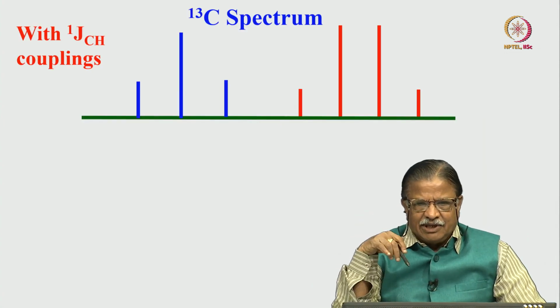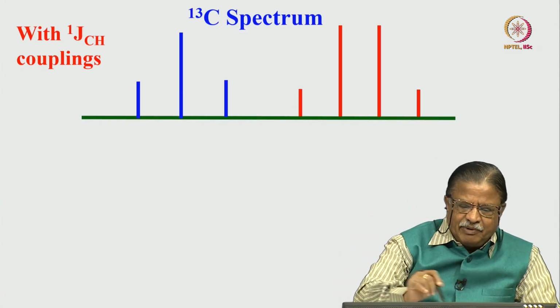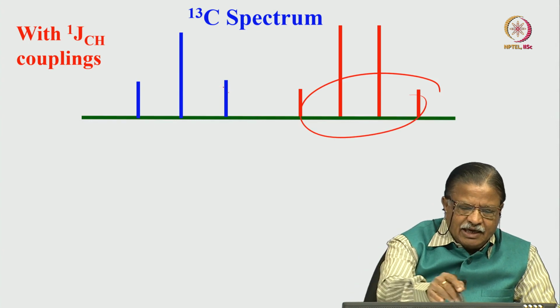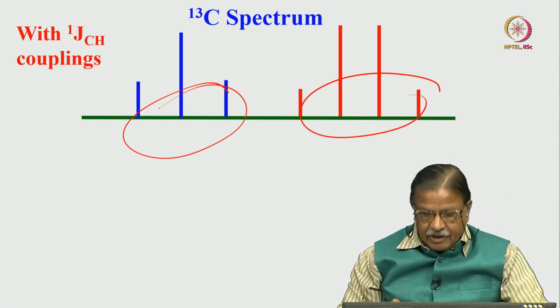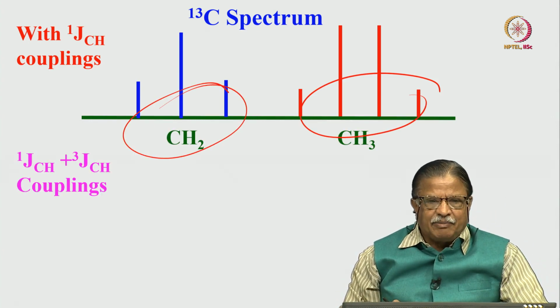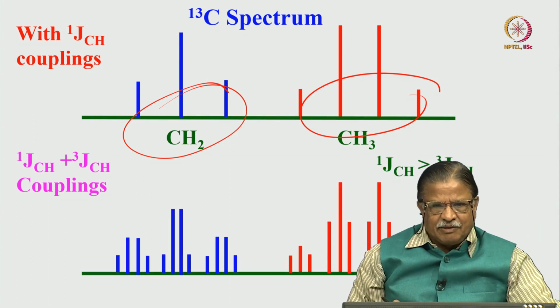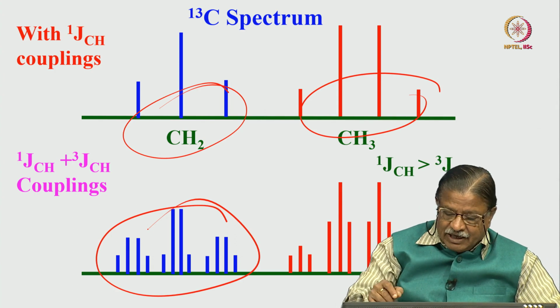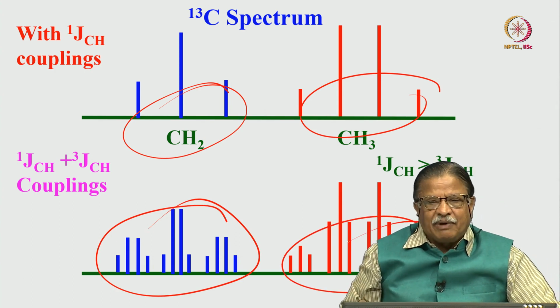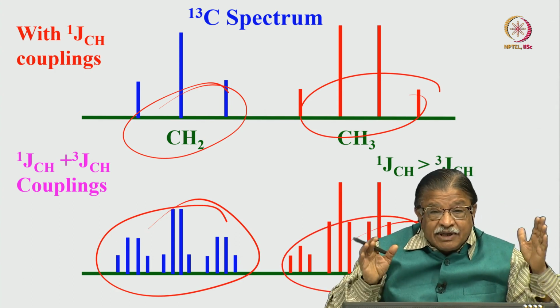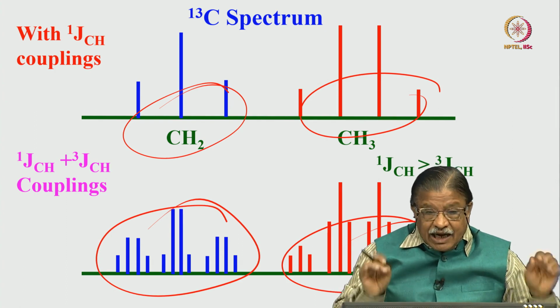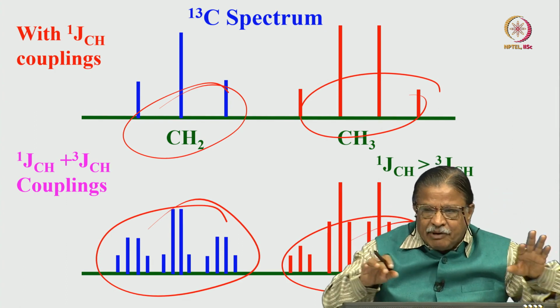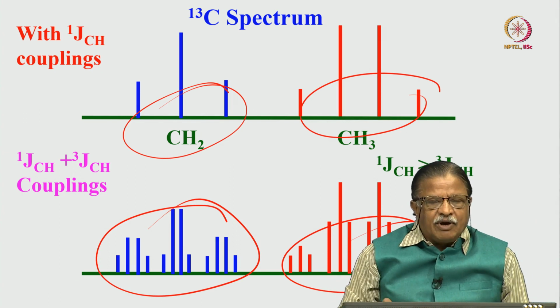In the carbon-13 spectrum, because of 1J CH couplings, CH3 will be a quartet and CH2 will be a triplet. But there is also a long range 3 bond CH coupling, which makes the CH2 a triplet of quartets and the CH3 a quartet of triplets. This is the complexity of the spectrum you get. In reality, if you take the fully coupled proton-carbon spectrum, this is what you are going to get.